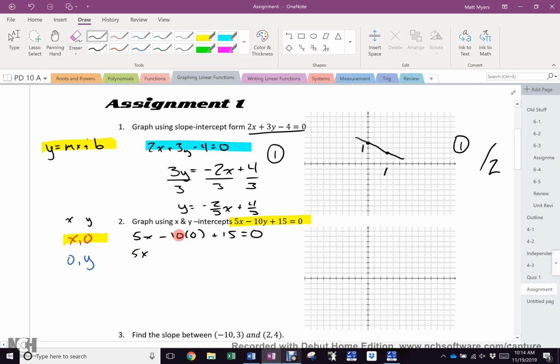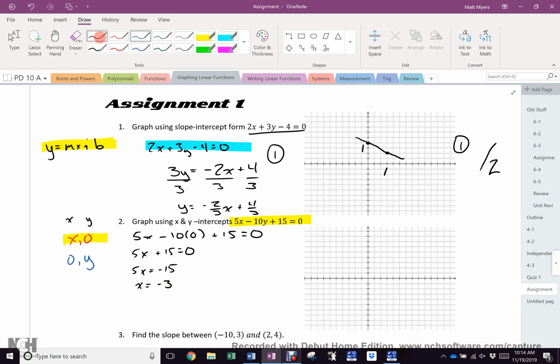5x, 10 times 0 is 0, plus 15 equals 0. Now, just like grade 4, grade 5, grade 6, grade 7, grade 8, and grade 9, what do you do when you have a single variable? Isolate it. 5x equals negative 15, x equals negative 3.